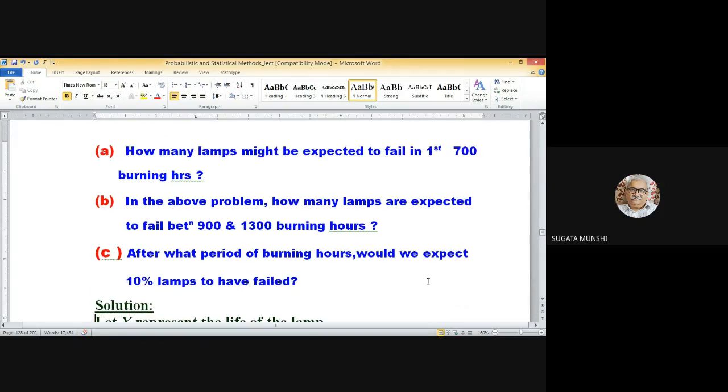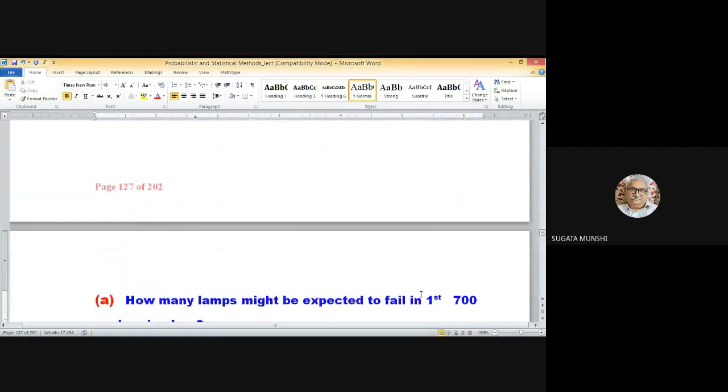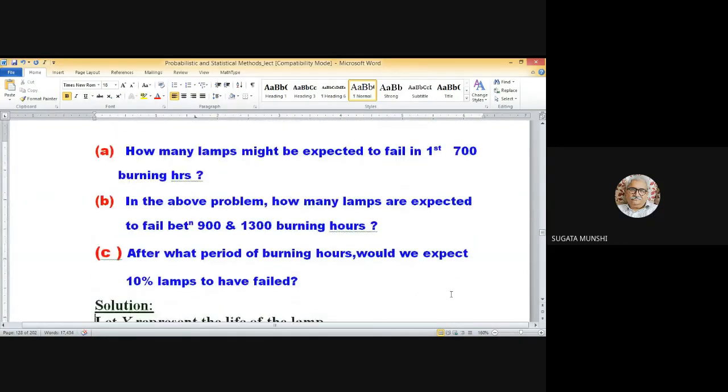So the first one is, anyway, what will be the first step? Mu and sigma, the information about them has been given.